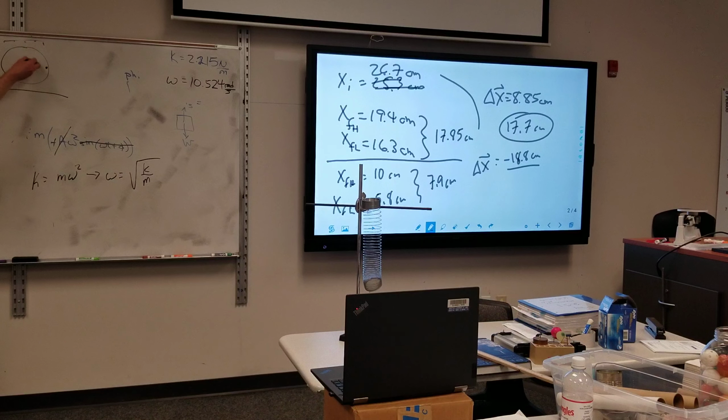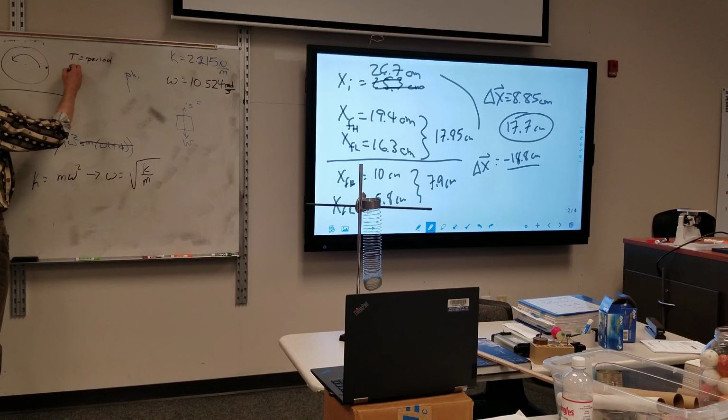As the wheel rotates around like this, the shadow is moving back and forth in simple harmonic motion. As it rotates around, the time it takes for the whole thing to go around is the period. So T, the period, is the time for one complete revolution.